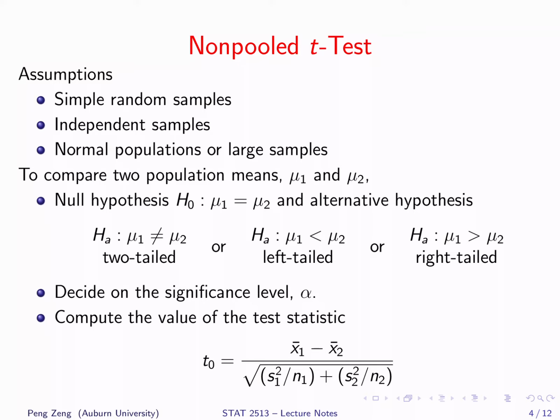In most applications, alpha equals 0.05. Occasionally, alpha equals 0.1 or 0.01. We then compute the test statistic. t0 equals the difference of sample means divided by the standard deviation of x1 bar minus x2 bar, with sigma replaced by the sample standard deviations S1 and S2.